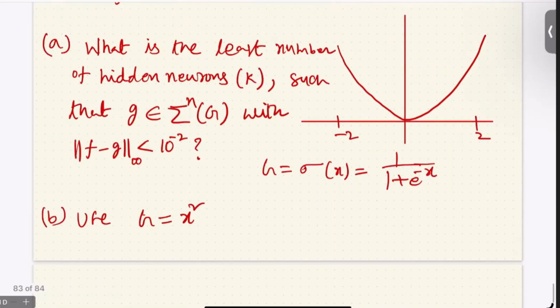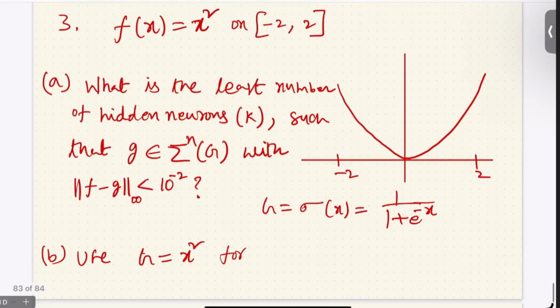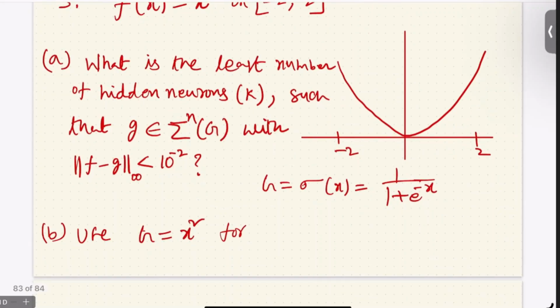Do it for the same in A as a next question, and you will see something great.